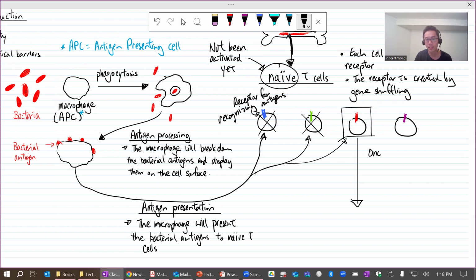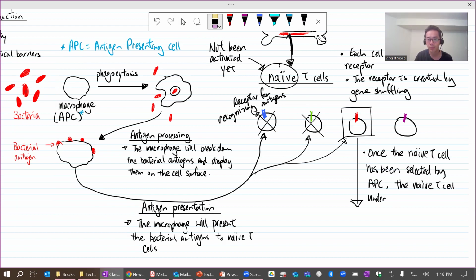Once the naive T cell has been selected by the APC, by the macrophage, the naive T cell undergoes clonal expansion.